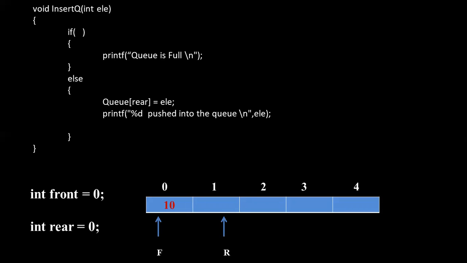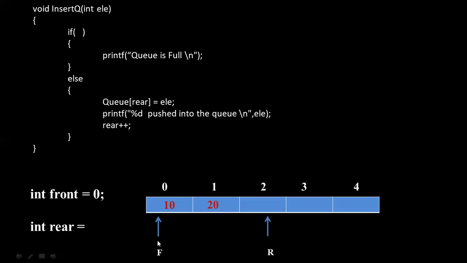So we have moved the rear to position 1. So here simply the rear value is increased by 1 using rear plus plus. So this is the logic for insertion. And suppose we are inserting the elements 20, 30, 40 and 50, then 20 will be placed here and the rear points here.